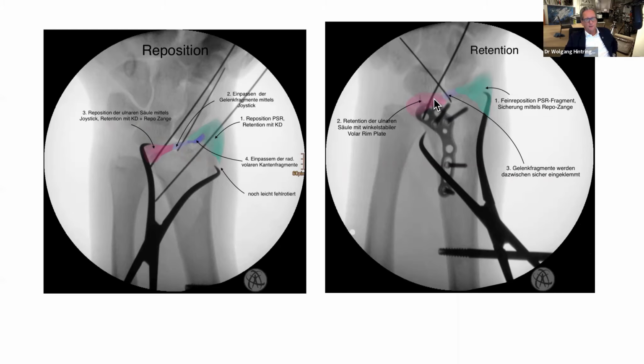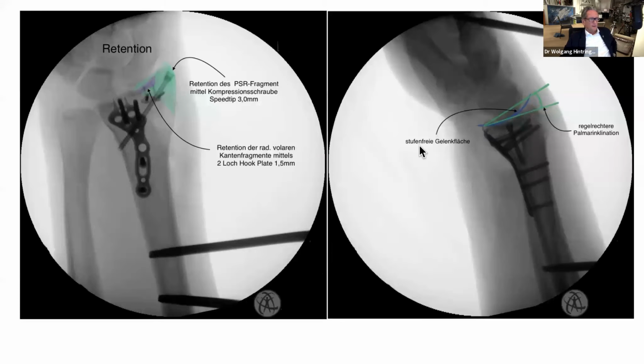Then he put on this ulnar Kawasaki plate on the volar side. After reduction of the radial styloid, he put in a double-headed screw, and then on the volar fragment, which is here in blue, he put in a hook plate with 2 holes with these self-cutting screws.